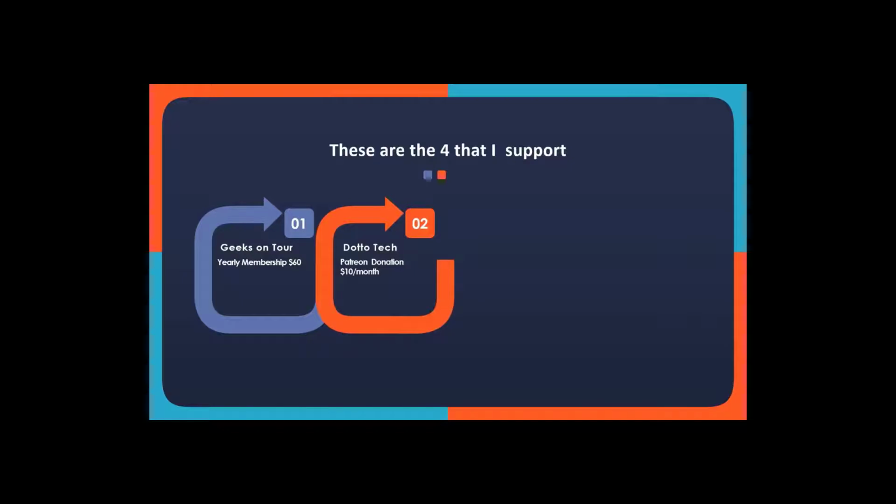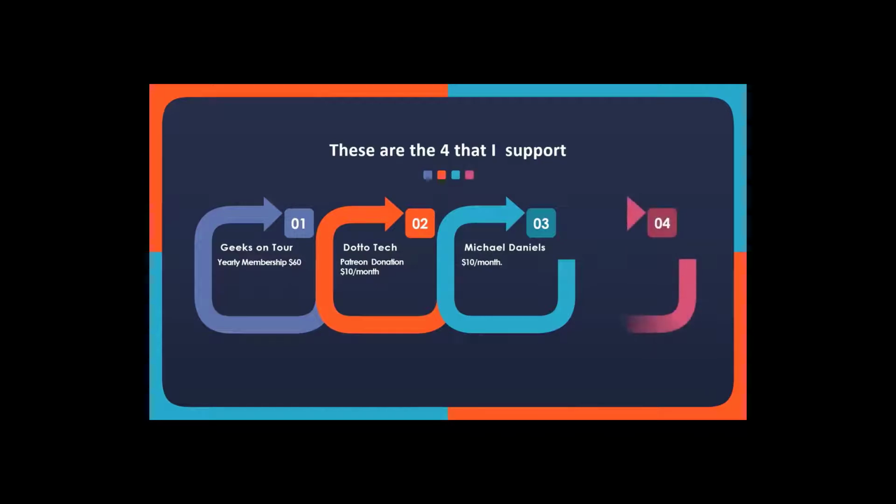Dottotech, I have a monthly Patreon donation of $10 a month. Michael Daniels, a monthly contribution of $10 a month. And the Mobile Internet Resource Center, an annual membership of $97 a year.